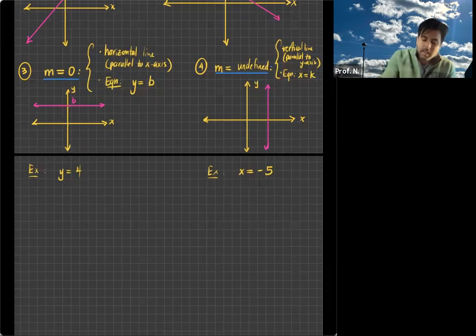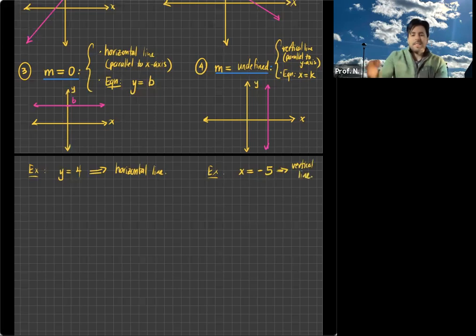So we should immediately say horizontal line. Immediately. Why? Because it's y equals a number. And if x equals a number, we should immediately say vertical line. Immediately. Why is that? Because x equals a certain number.